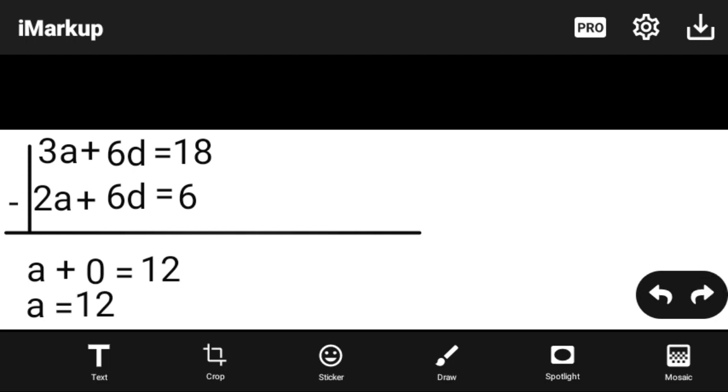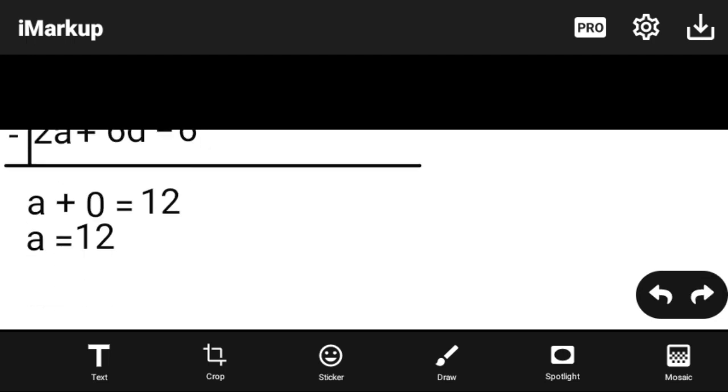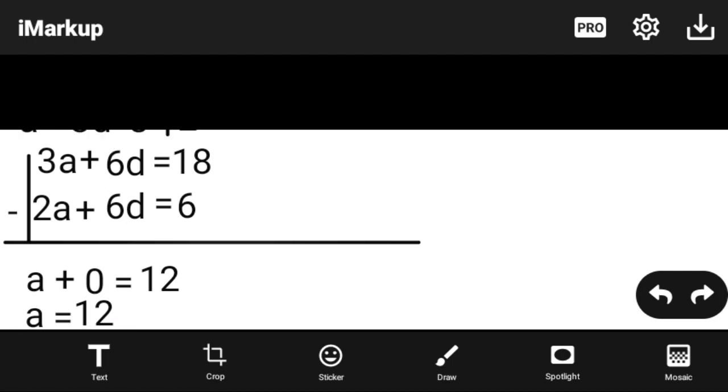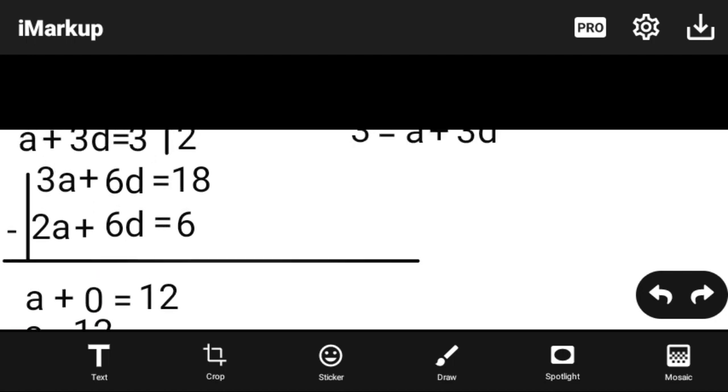So have you seen that we have found the same answer like that one we got at first? Okay, so we have found the first term using the simultaneous equation as a is equal to 12. Okay, then from there again we can find the d, which is the common difference. Now how do you find the d? It is that simple.